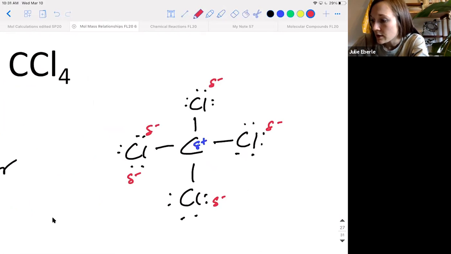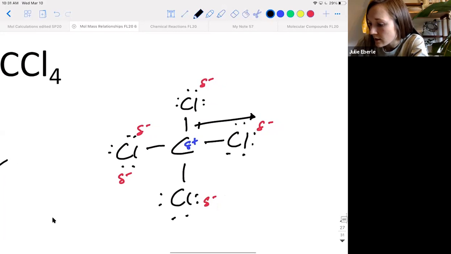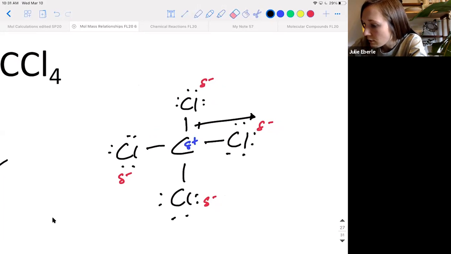So now we start drawing dipoles in. We got to draw a lot of these because you got all these different bonds. So 1 to that, oh, sorry, I didn't mean to put 2 on that chlorine. 1 out this way, 1 going up, and 1 going down.